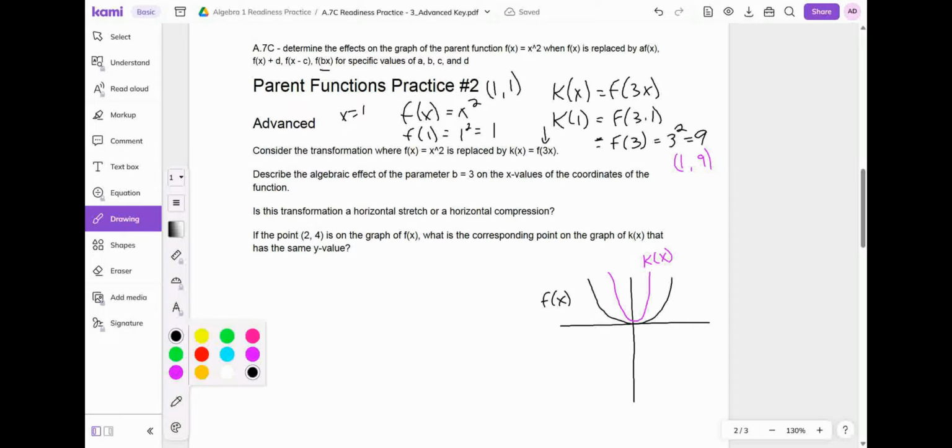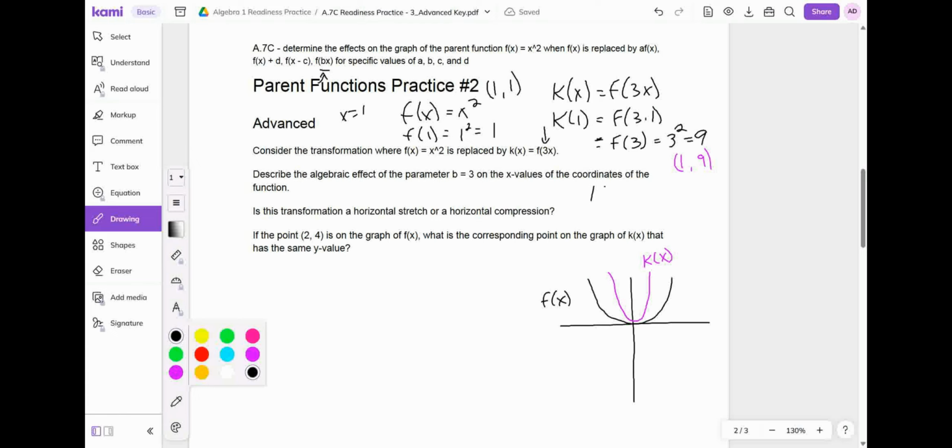When we are looking at that b term, in order to get the exact same value, if I wanted to get k of x back to 1, what would I have to input?